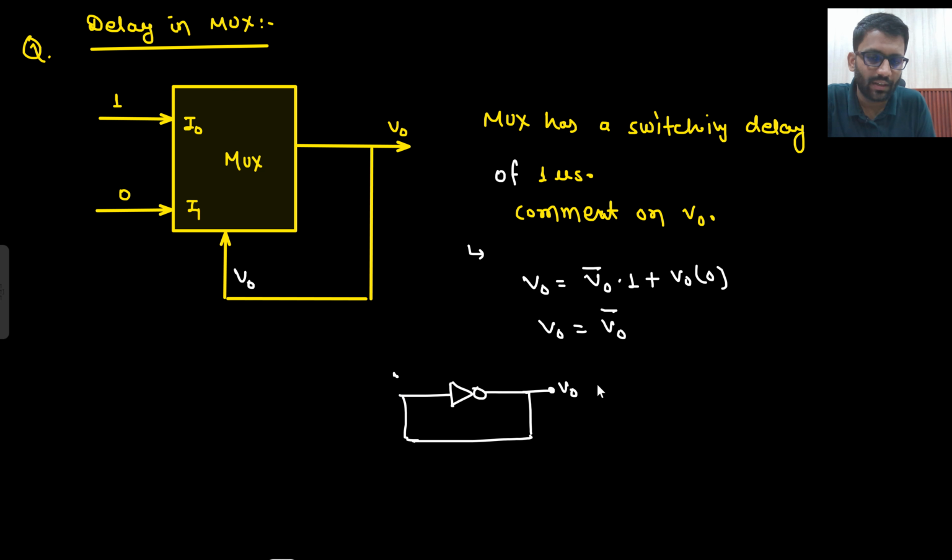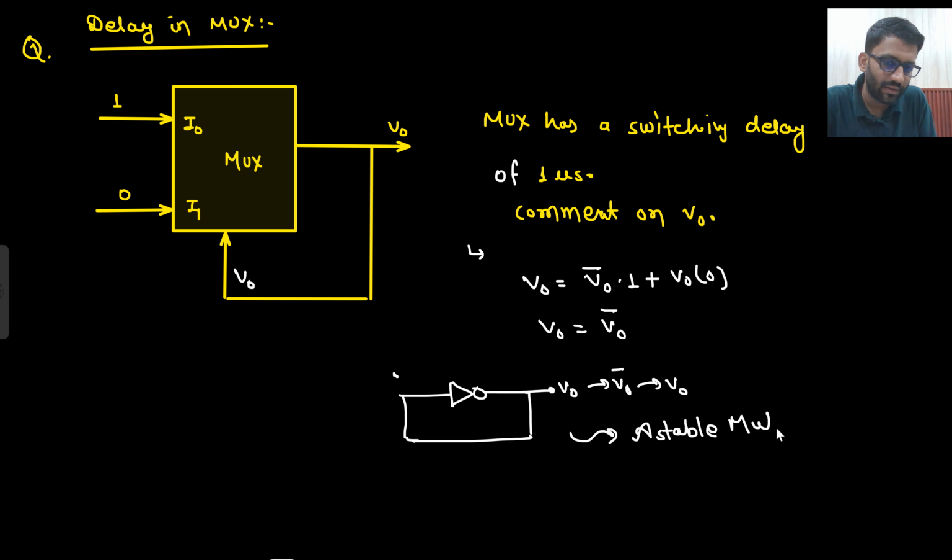So V naught goes in, you get V naught bar. Then V naught bar goes in, you get V naught. So what is this? This is an astable multivibrator. Only one inverter is there. 1, 3, 5, 7, 9, this number of inverters could be there, right? Astable multivibrator. What else can you call it? Ring oscillator.